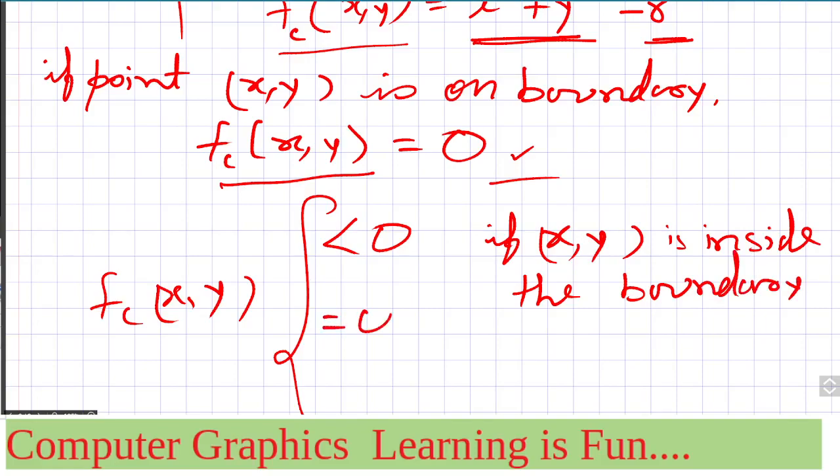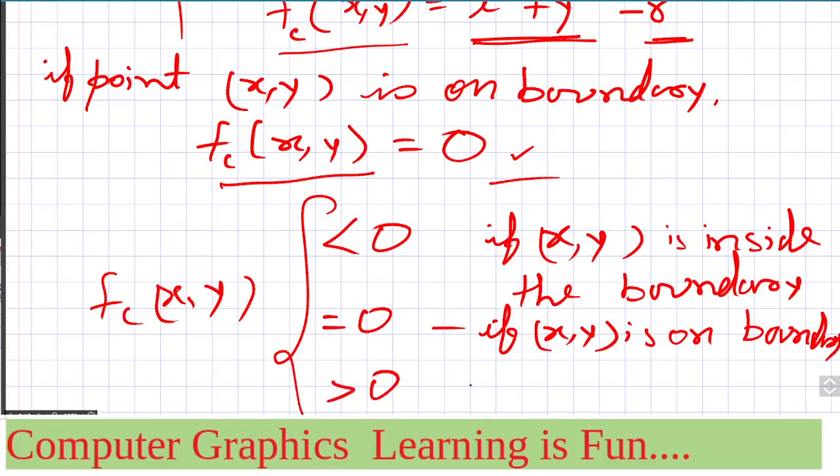It is equal to 0 if (x, y) is on the boundary. And it is greater than 0 if (x, y) is outside the boundary.